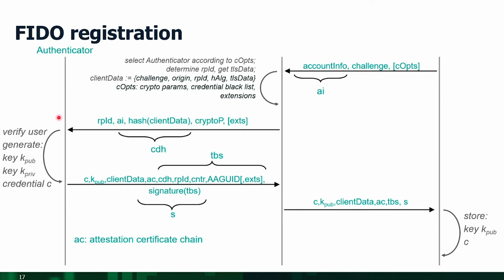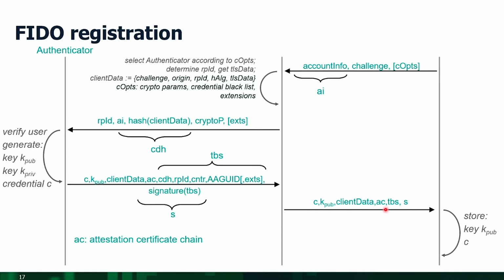This information is then given to the authenticator, which then produces a unique pair of public-private keys. And again, this is unique to this combination of this authenticator, this relying party, and user. So that if you did it again with another server, this pair would not be the same and therefore unlinkable. So all of this information is then gathered up, a signature is produced, and that information is ultimately passed back to the relying party.